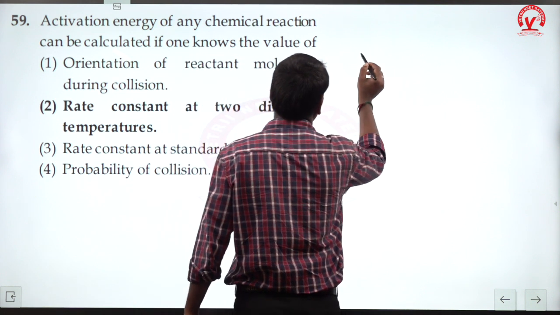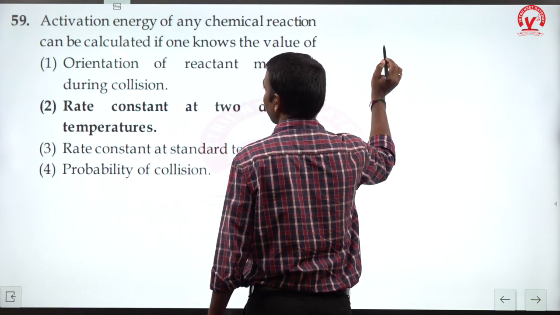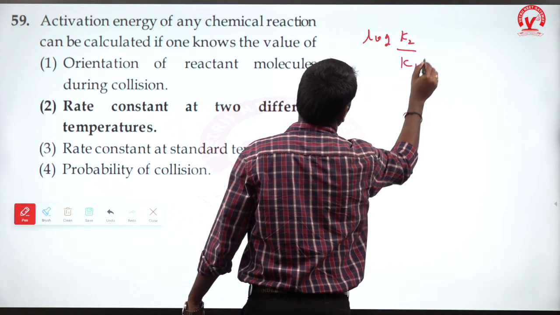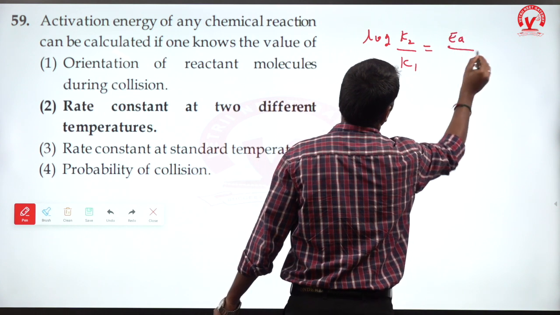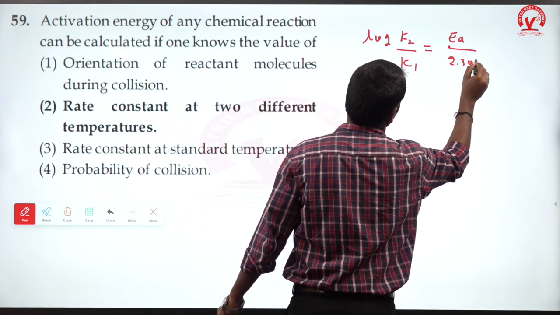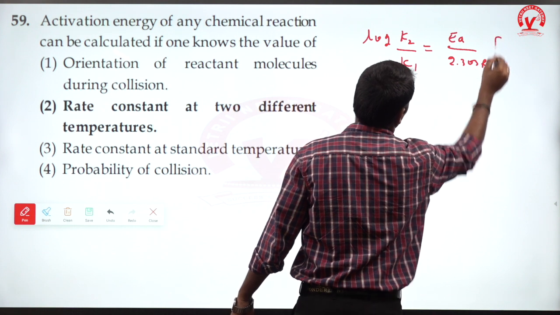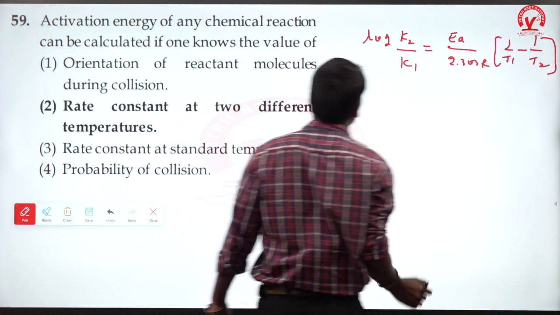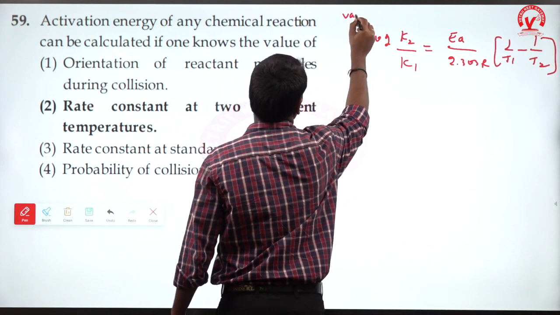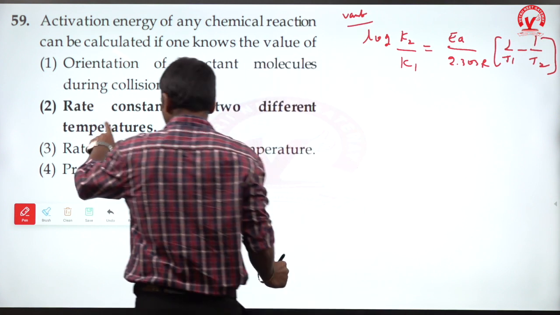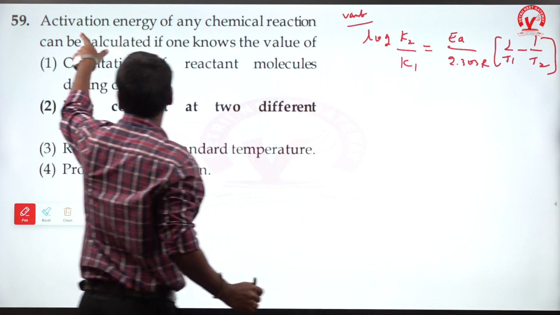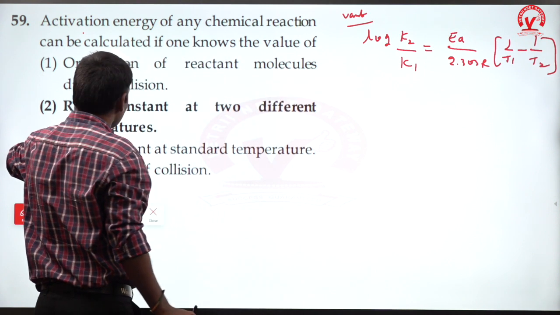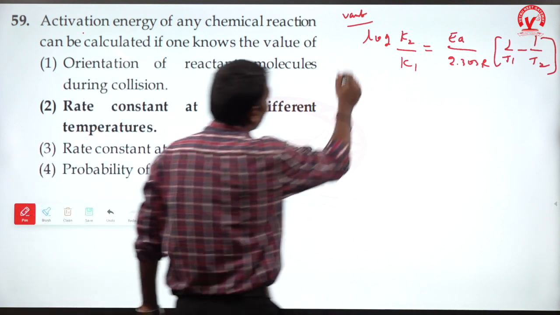According to Van 't Hoff's equation, log of K2 divided by K1 is equal to EA upon 2.303 R into 1 by T1 minus 1 by T2, right? So according to this equation, we can calculate activation energy, EA, from the rate constant at two different temperatures using this formula.